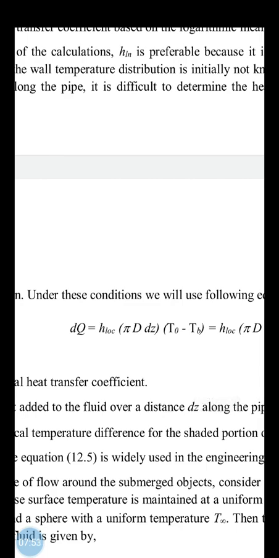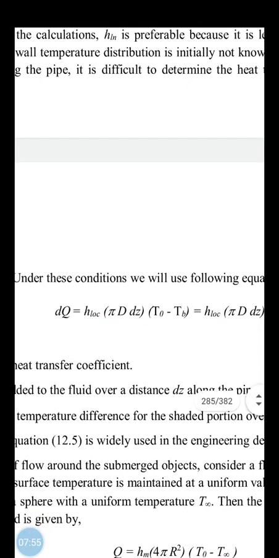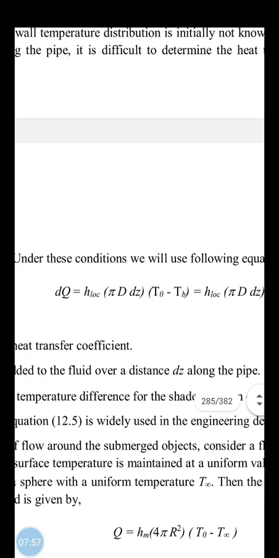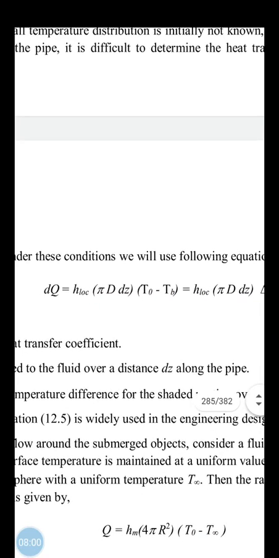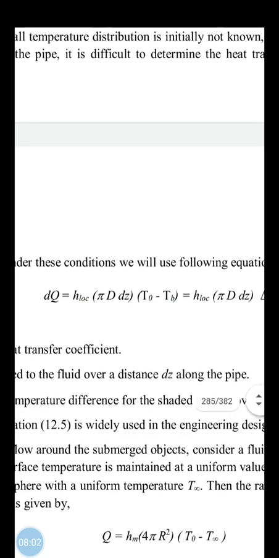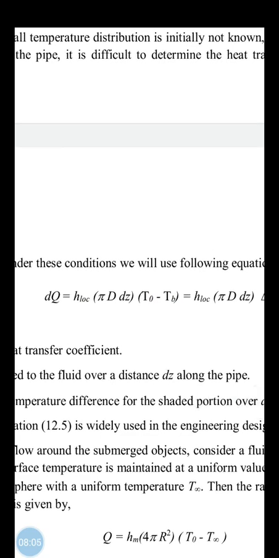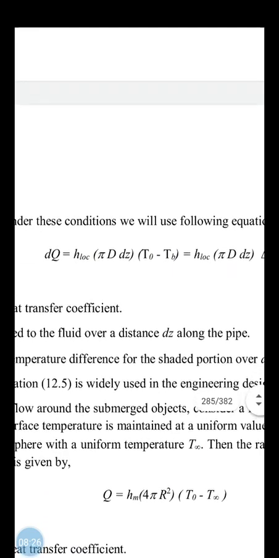So in this case, this equation can also be used to find the differential rate of heat flow: dq is equal to h_local, that is the local heat transfer coefficient, times pi d dz, times (T0 minus Tb). So this is called the local heat transfer coefficient h local. dq is the heat added to the fluid over the distance dz along the pipe, and delta T local is the local temperature difference.